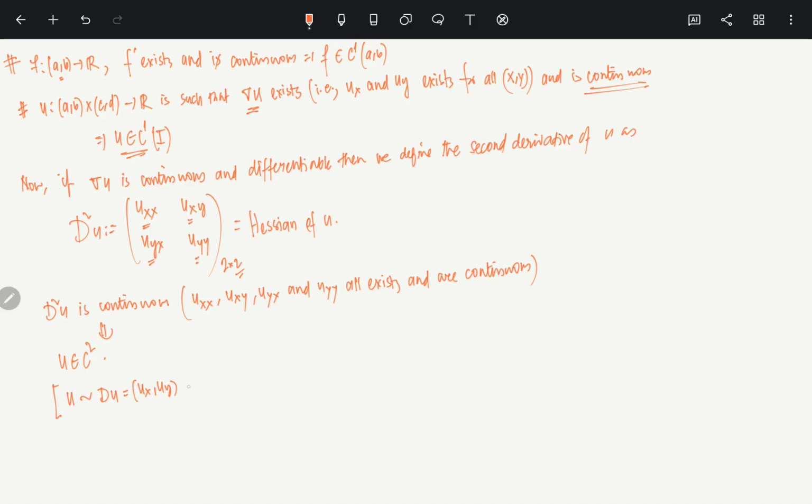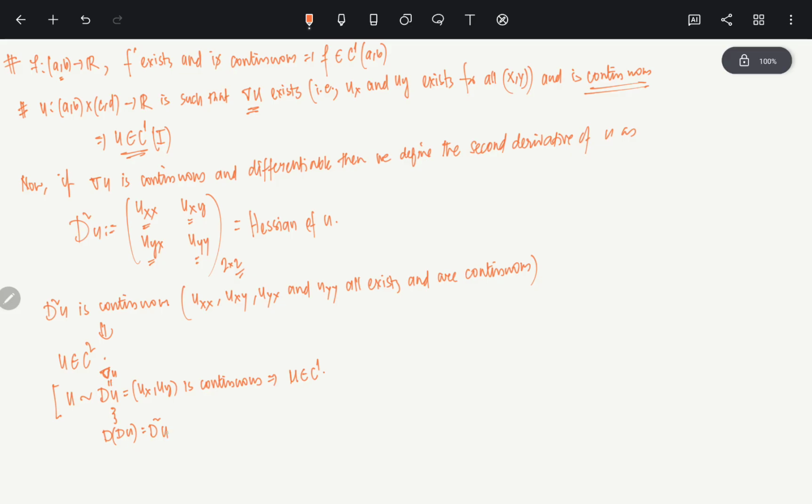Not only do they exist, we say that the derivative is continuous, which implies that u is C1. Now if the derivative exists, is continuous, and the derivative map is also differentiable, we can talk about d of du, which is d2 of u. I am writing du, but you can also write it as the gradient of u. Similar thing, it's just a notation.